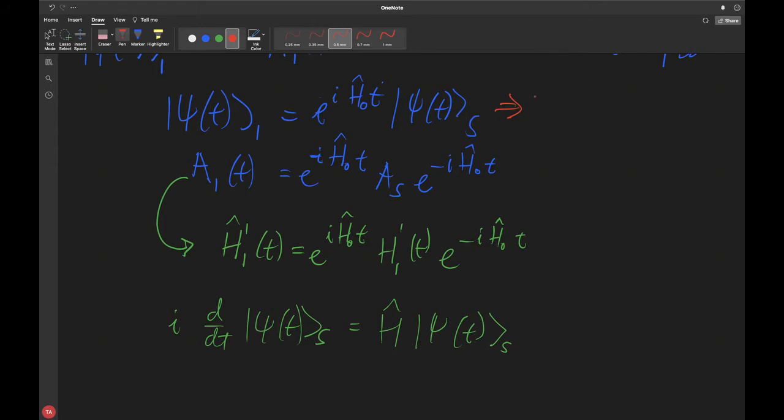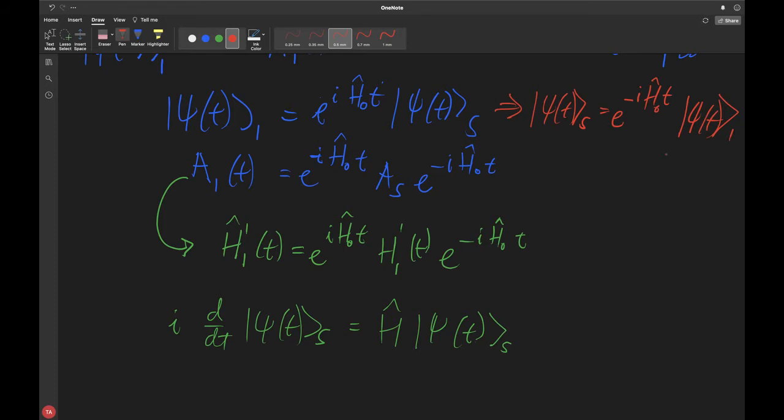So from this I can express that psi_S is the same as e^(-iH0 t) times the psi(t) in the interaction picture. So I really just multiply with the inverse of this, which gave us 1 here, and the same thing with the minus sign on the other side of the equation.